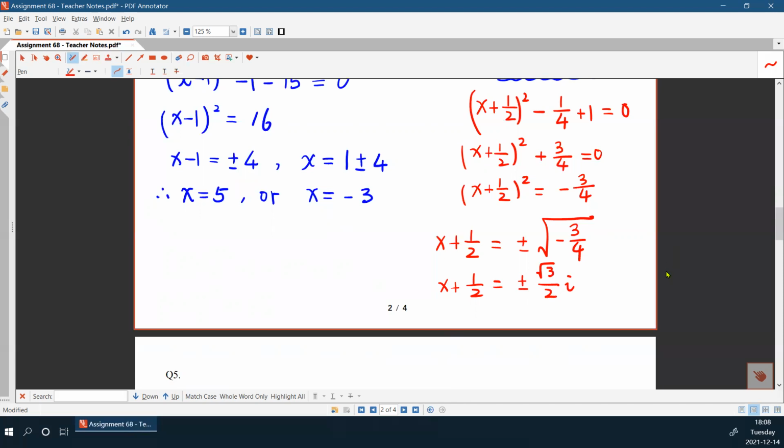You see that? Because if you verify, square root of 3 over 2 i, positive or negative, if you square this number it should equal negative 3/4. Okay, remember that you can always verify your result.